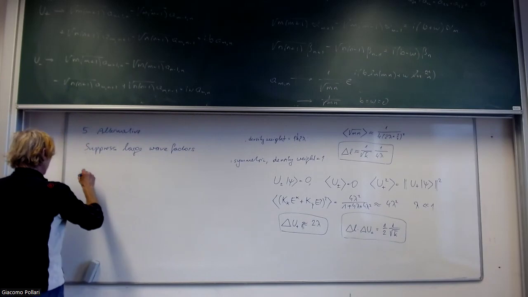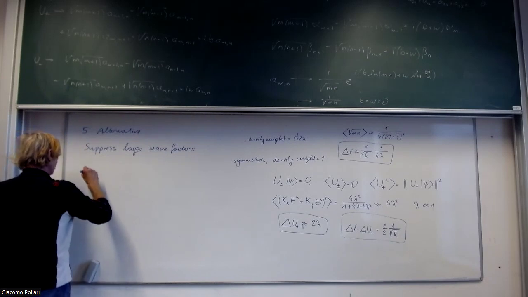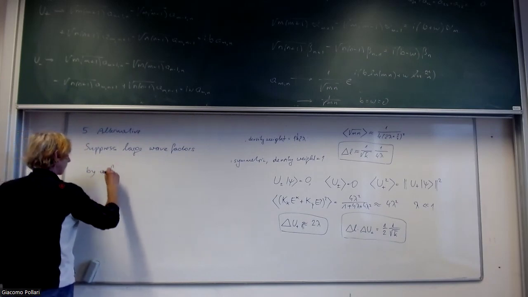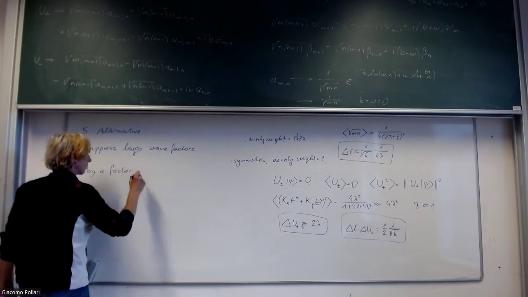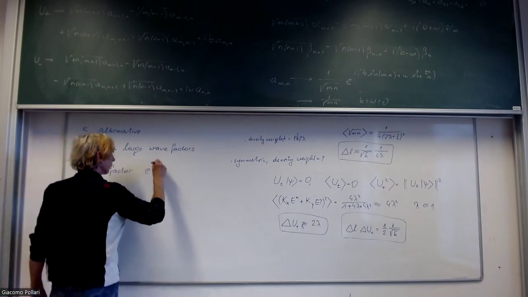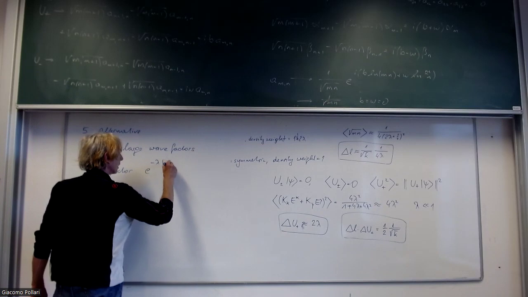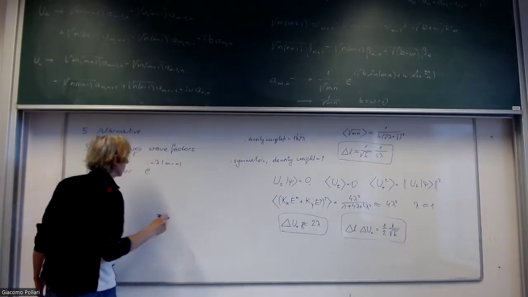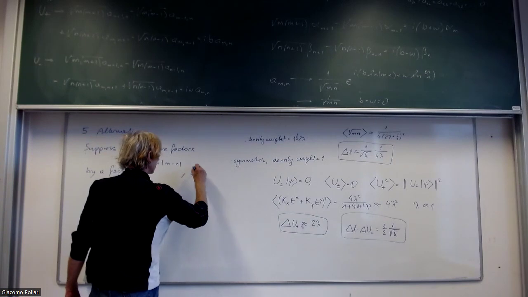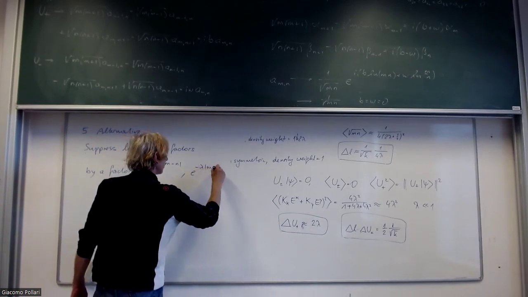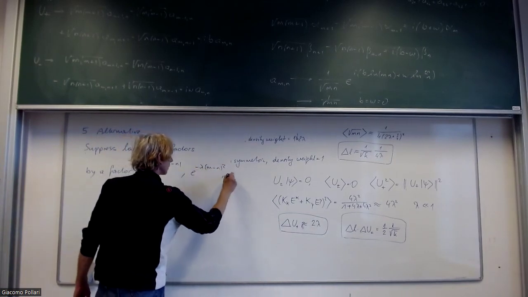We suppress by a factor e to minus lambda, something n minus n, or e to minus omega n minus n square.